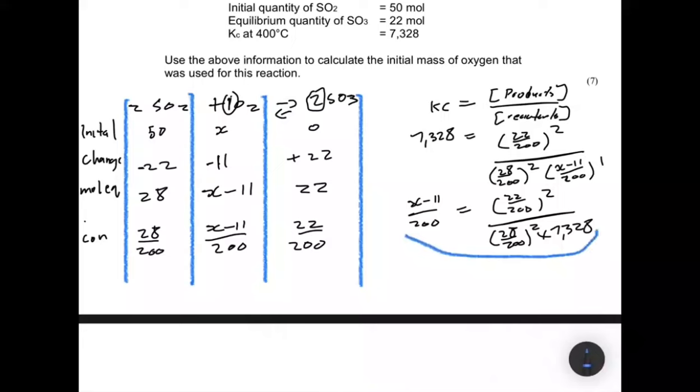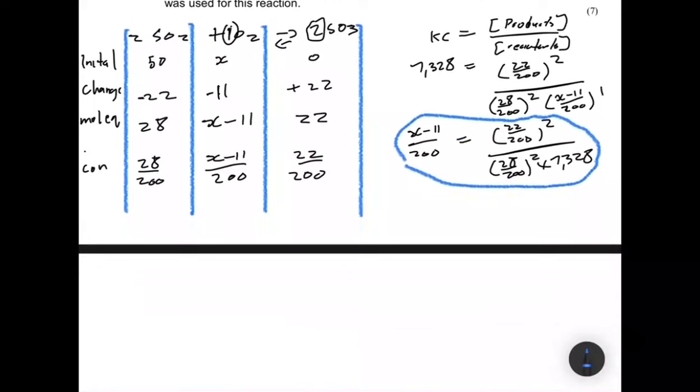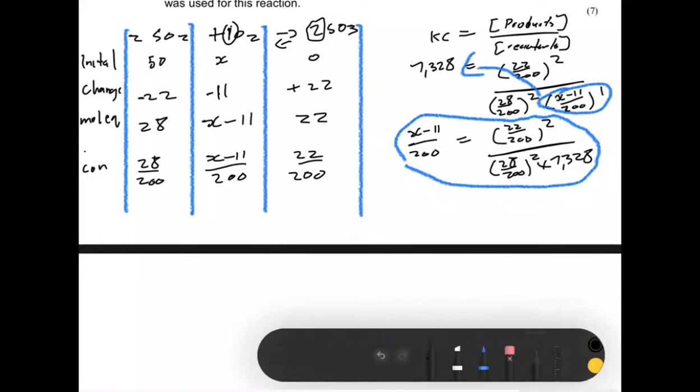This step here might be confusing to some, but it's mathematically true. You can check it out and see if it works. So every time you're solving a question like this in Kc, you can just take a term in the denominator and swap it with the term on the other side of the equation, right?